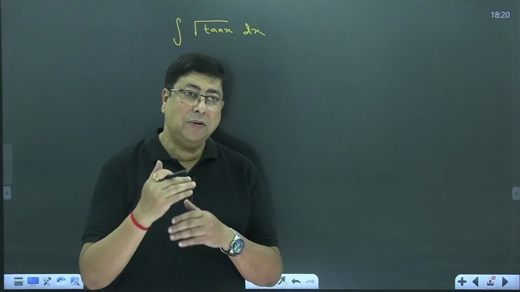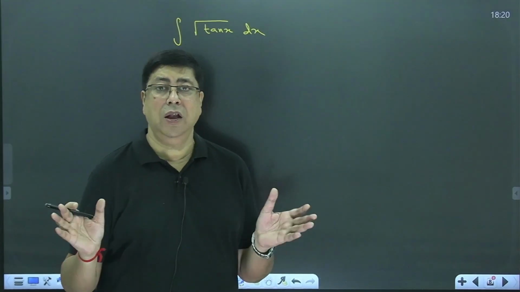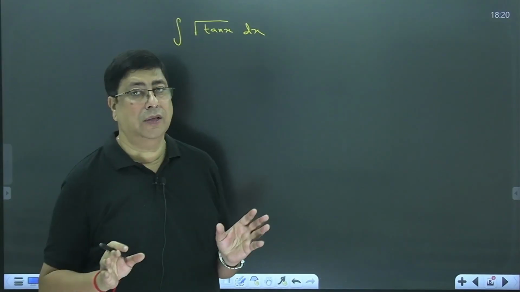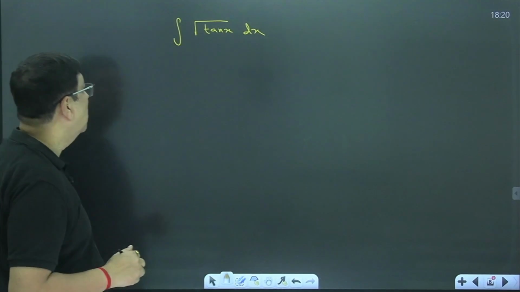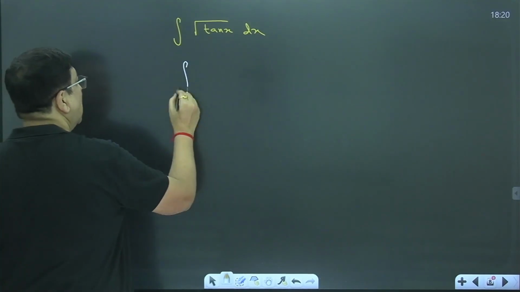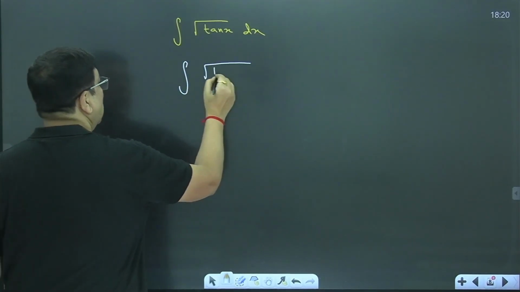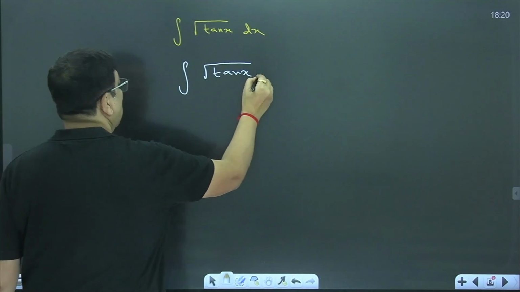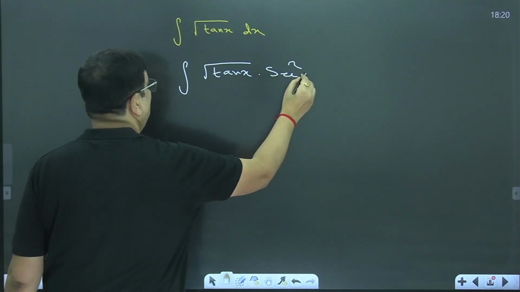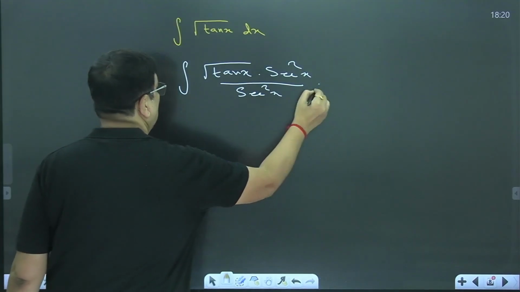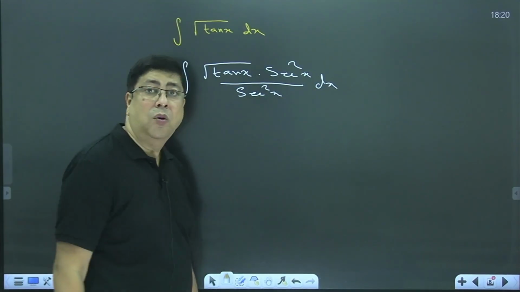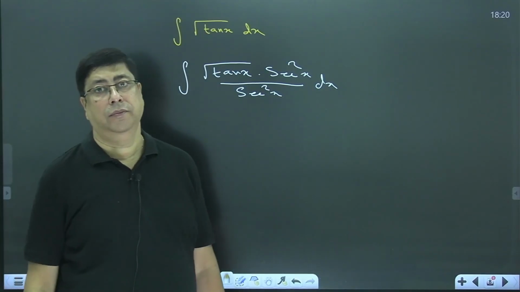So with respect to root tan x, a number of questions came in entrance examinations, just the method of root tan x. So let's see, I am solving. Everybody, whenever it is root tan x, what to do? Nothing else can be done, we have to take sec square x. We have to take tan x as t square, obviously. There is no other way, no other method, everybody.